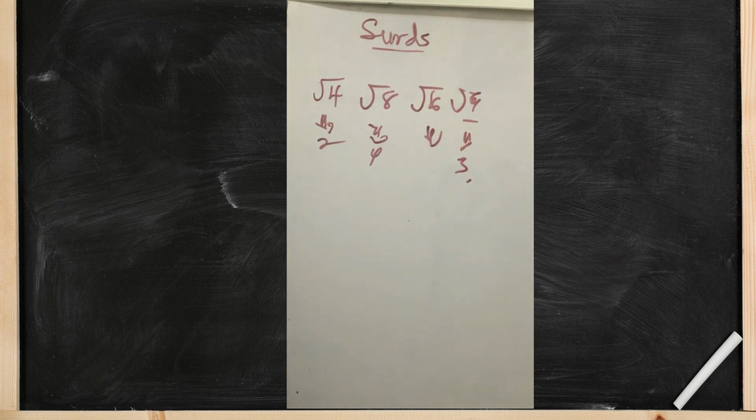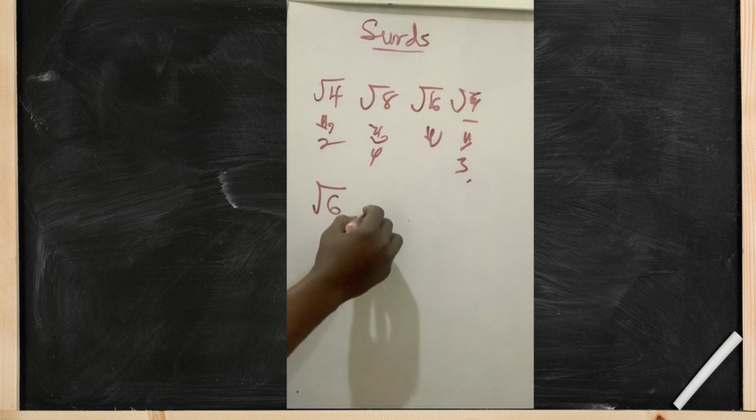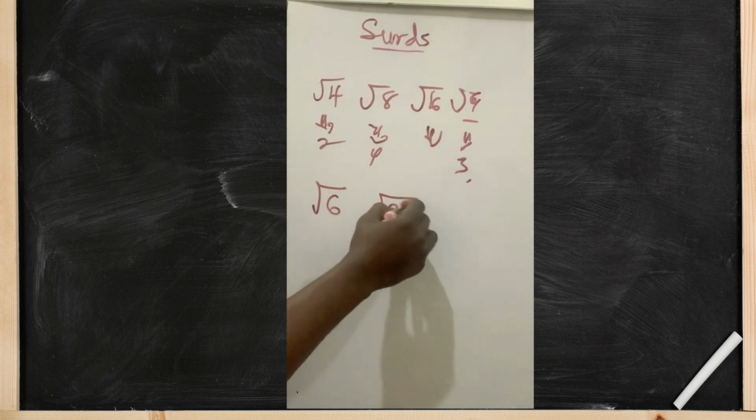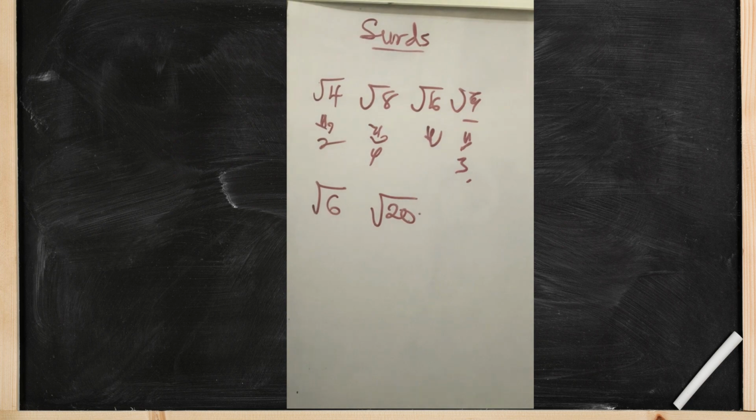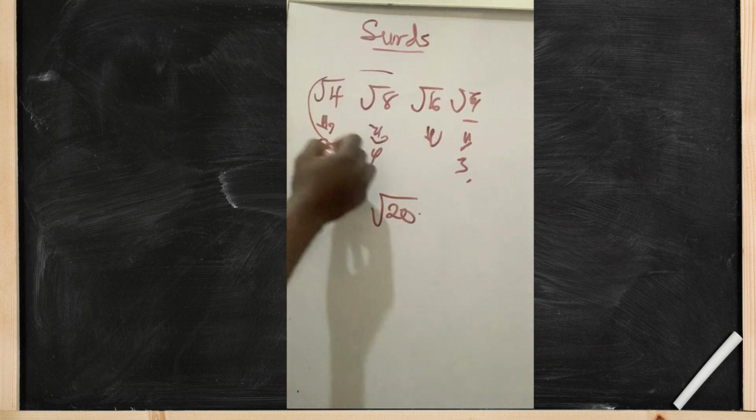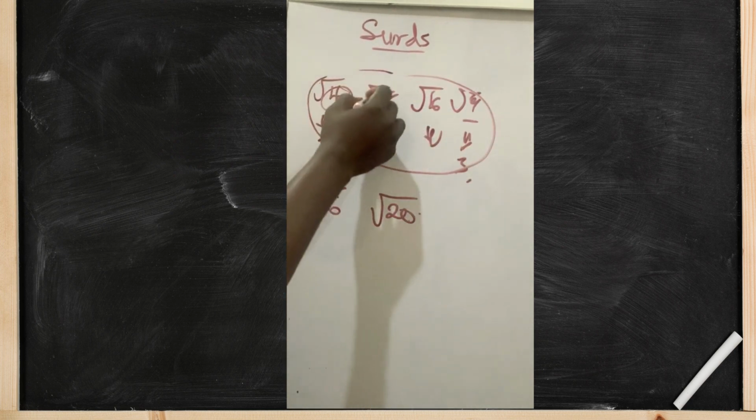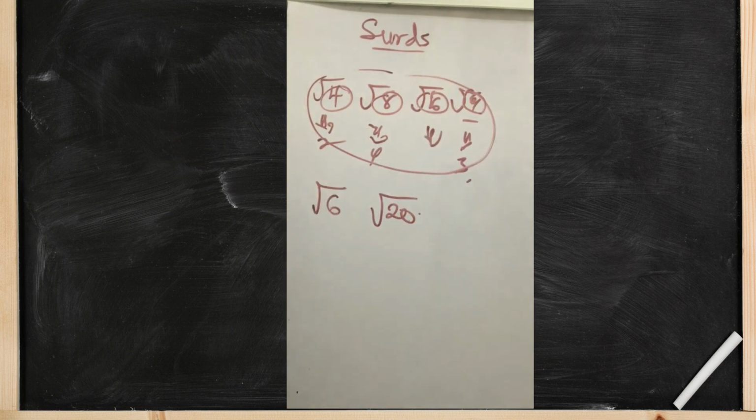But when we're talking about numbers like the square root of 6, 6 is a composite number, or the square root of 20, they do not have a proper square root, unlike these, because these are perfect squares.